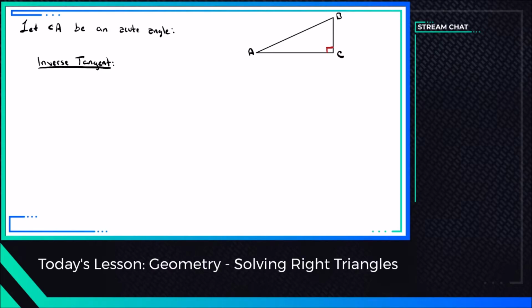And so the inverse tangent is if the tangent of angle A, so this angle A right here, if the tangent of A is equal to x, then the inverse tangent, which is written as tangent with a -1 exponent of x, is equal to A. And by A, I mean the measurement of angle A. So it's just flip-flopping this x and this A and adding the -1 there.